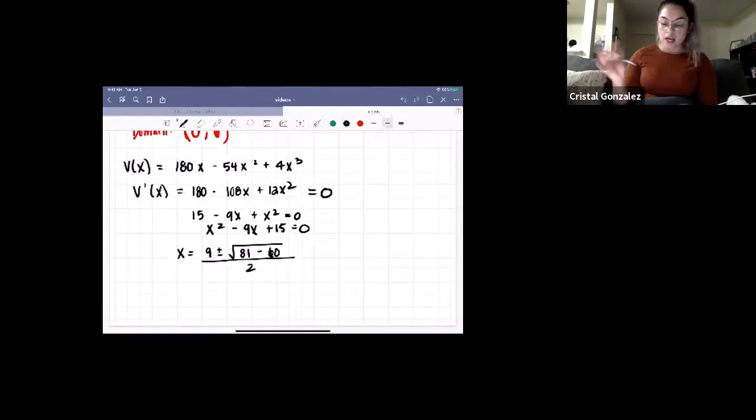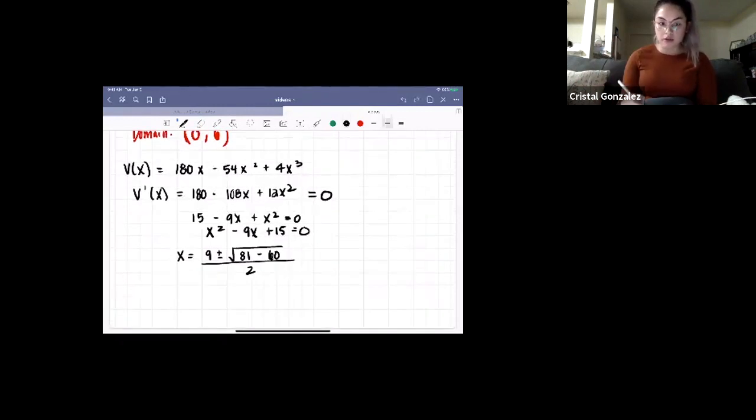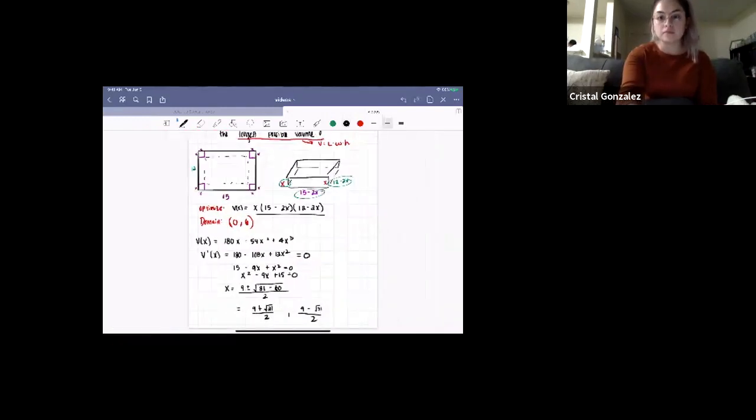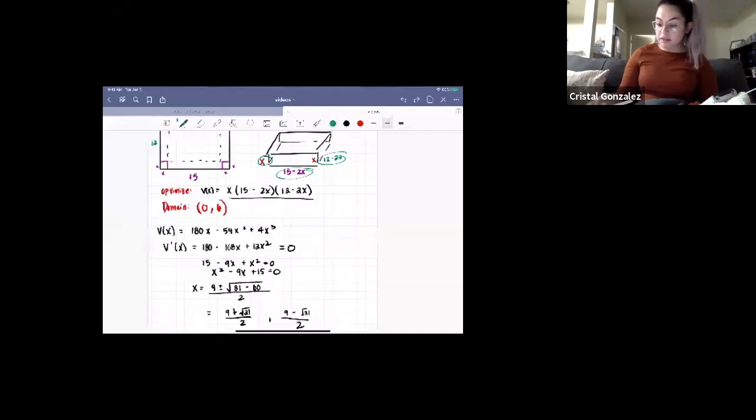Okay. And so remember with the quadratic formula, you get two answers. You're going to get 9 plus the square root of 21 over 2, and then 9 minus the square root of 21 over 2. Okay, so we have these two answers.